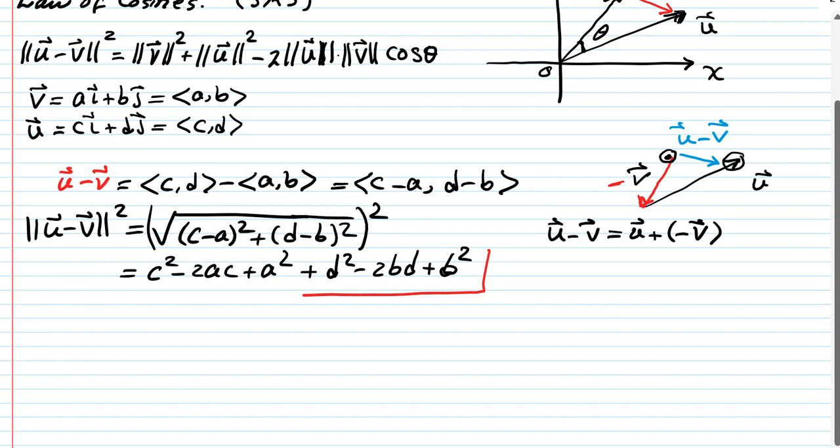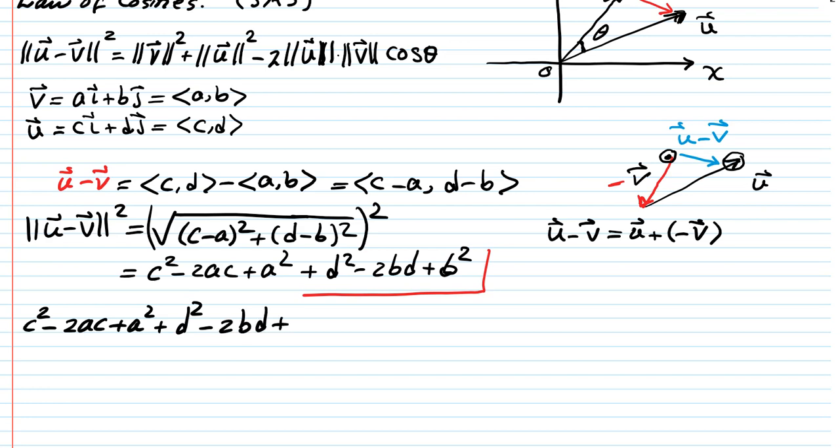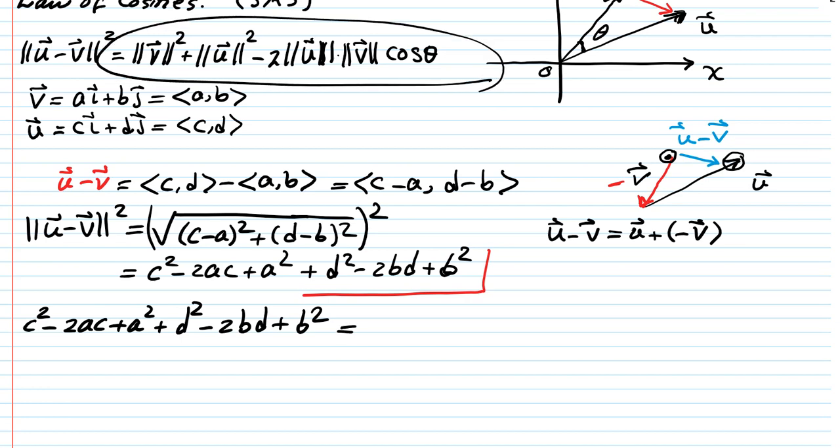And actually, I'm going to write both the left and right side together now. Okay, so the left side we just showed is going to be c squared minus 2ac plus a squared plus d squared minus 2bd plus b squared, right? Equal to, now I'm working on the right side here. The right side is the magnitude of vector v, that's going to be the square root of a squared plus b squared, and then you square it, plus, again, I just did that part.